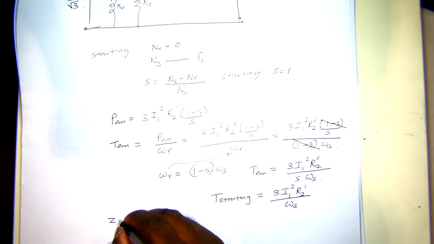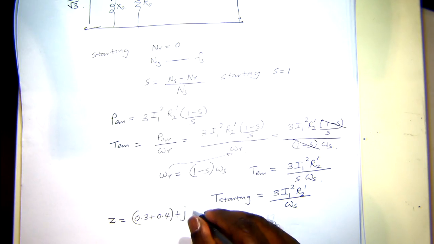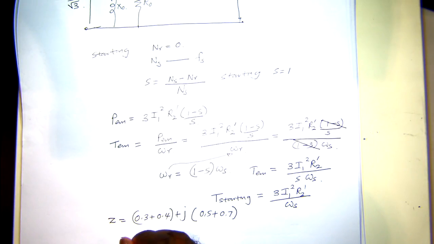We can write that as 0.3 plus 0.4 plus j(0.5 plus 0.7). So to find the starting current, we are interested in the magnitude of this impedance. We don't need to know the phase.